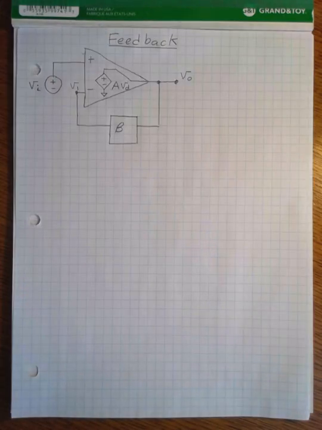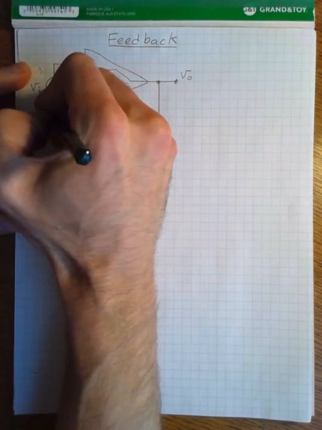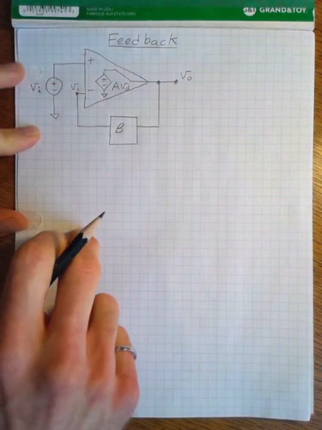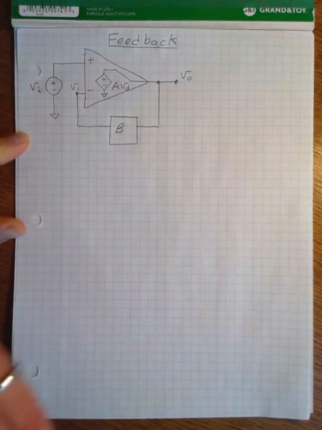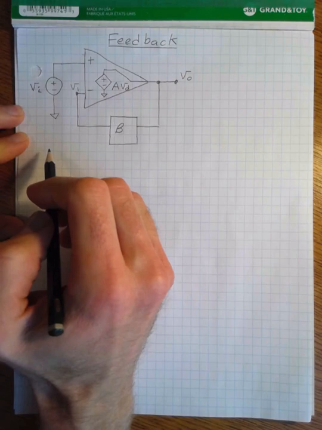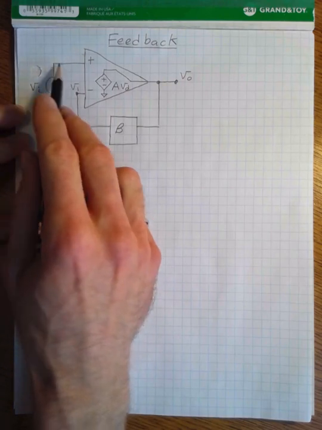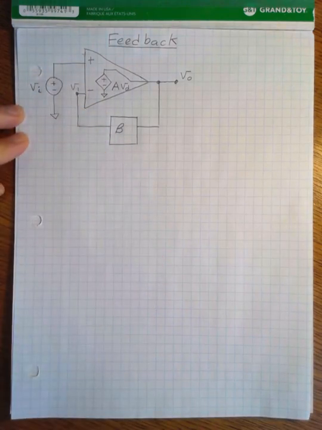Okay, so here is a general feedback network connected to our op-amp. And we're now going to analyze this network without the V1 equals V2 assumption. Let me draw that in there. So let's take a look at our circuit. We've got our positive and negative op-amp terminals. We've got our input voltage connected directly to the positive terminal.